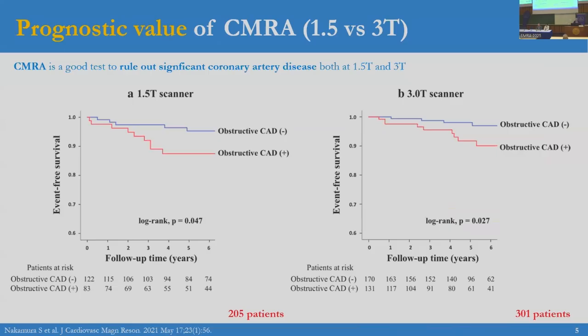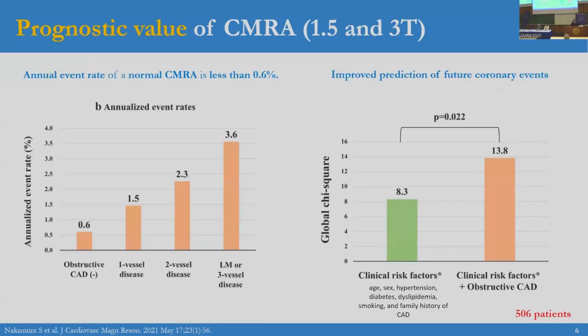We can do this test on a 1.5T or a 3 Tesla scanner. Again, the negative predictive value of the technology is extremely good. So basically, we can rule out coronary artery disease. And as I said, if we do a CMRA in patients with cardiovascular disease, we can also predict the annualized event rate.